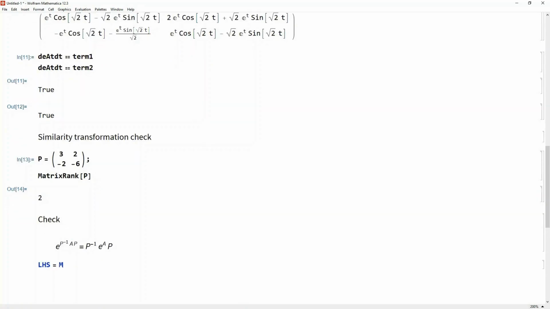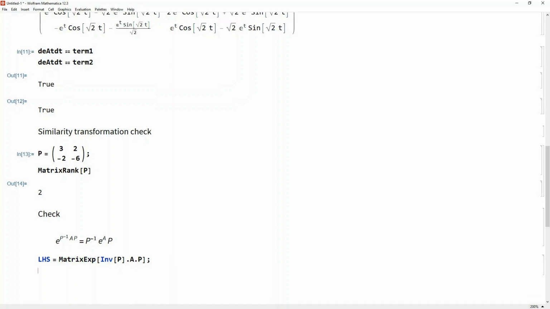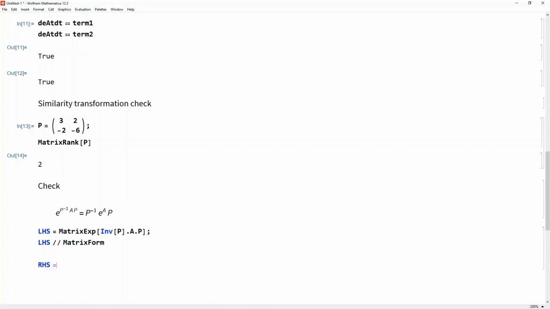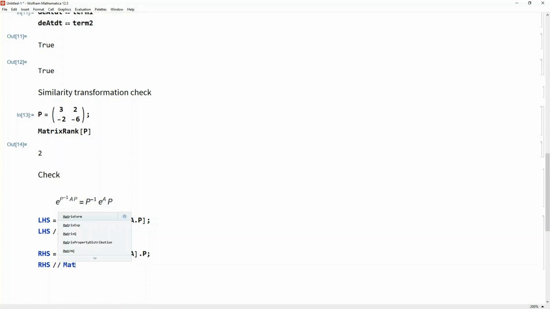This is the matrix exponential of P inverse dot A dot P. So that's the left-hand side. And then let's just look at it. Okay, and then let's calculate the right-hand side. That is inverse P, dotted with the matrix exp of A dotted with P. So that's the right-hand side.